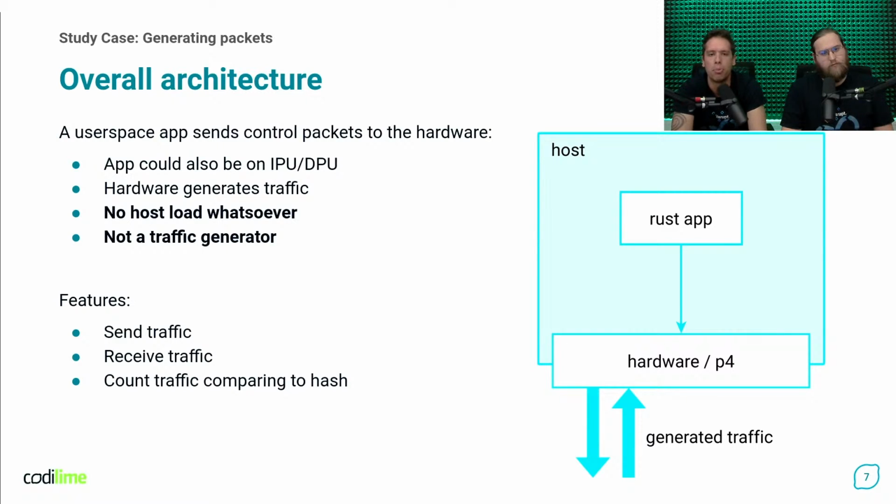Also, if we would deploy this application on an XPU, everything would be contained within the hardware itself. So then you have a nice little box that you can just put into your host, and then it can be controlled in a very simple way, and then test your infrastructure by generating packets.